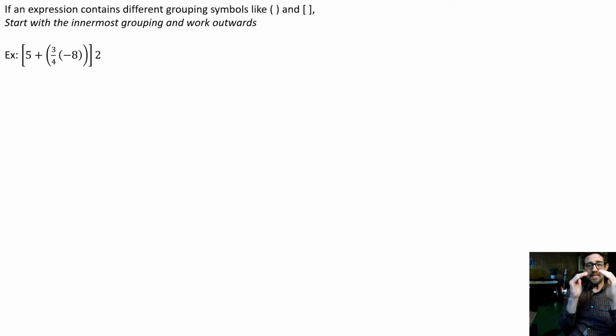Okay, so here we go. The parentheses are inside of the brackets, so we do the parentheses first. The very first thing we do is 3/4 times -8, which is -24/4. Now, if you wanted to simplify that first and say we could take a 4 out of the -8 and say that's the same as 3 times -2, great.